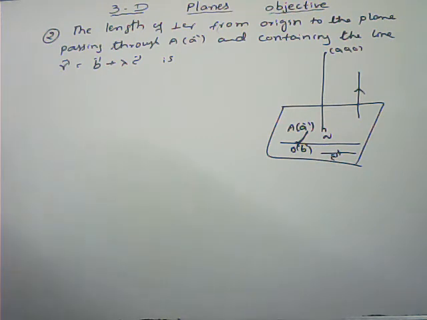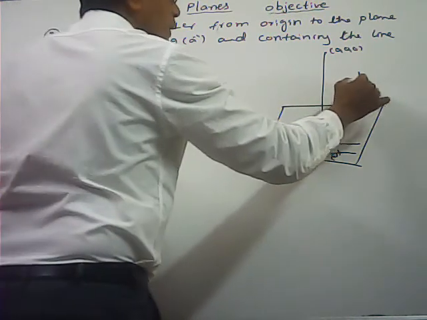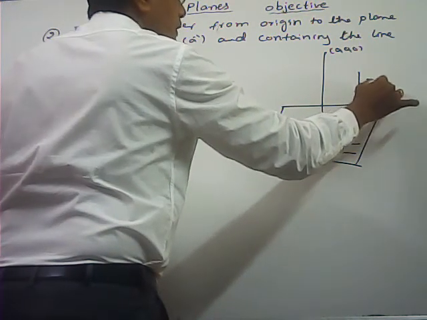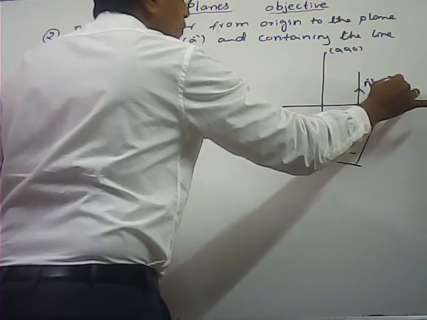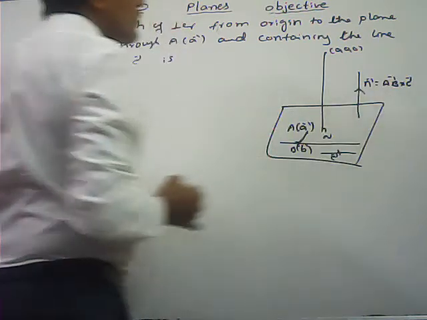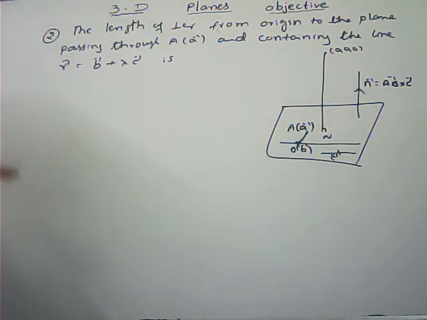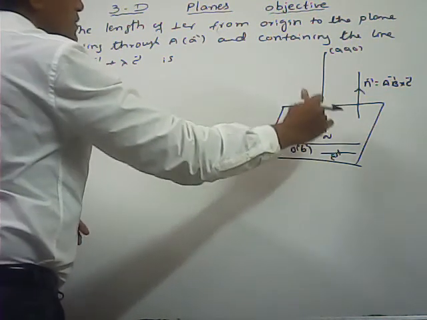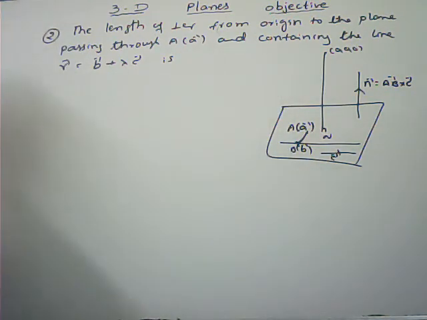So two vectors are there. Hence n bar equals AB bar cross c bar, the vector perpendicular to the plane containing the two vectors AB bar and c bar, that is their cross product.